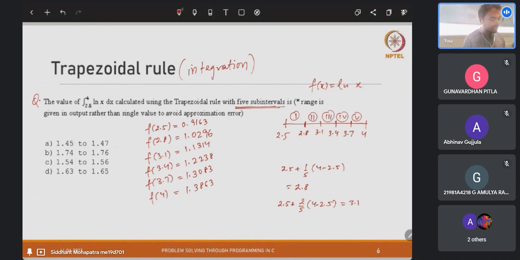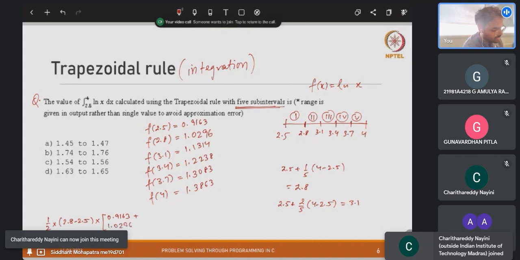Now we have to calculate using the trapezoidal rule, using 5 different subintervals. So let us write the equation. At least you can solve it on your own and get the answer. So the equation for the definite integral would be half into the first trapezoid, which is 2.8 minus 2.5, into the sum of these values, which is 0.9163 plus 1.0296.